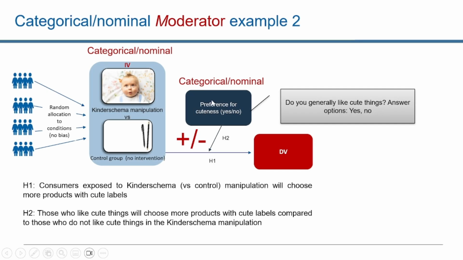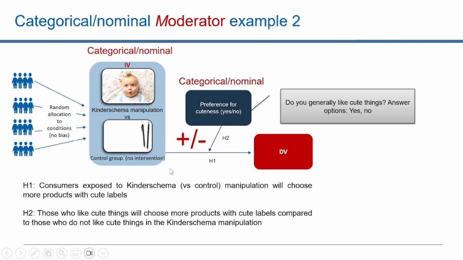And another example for the categorical or nominal moderator is when we have preference for cuteness. We ask people whether they like, yes, or dislike cute things. In this case, this again acts as a categorical or nominal moderator.